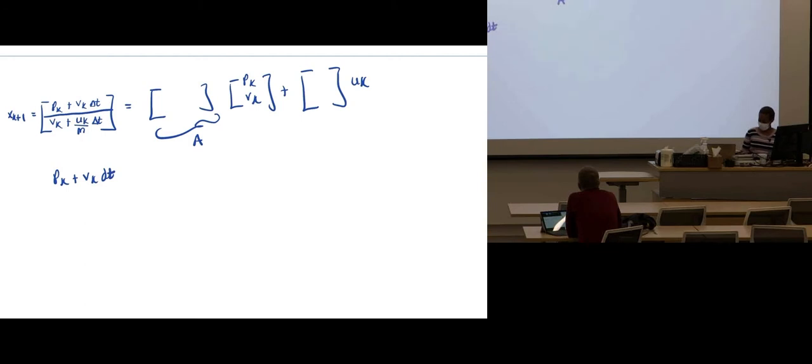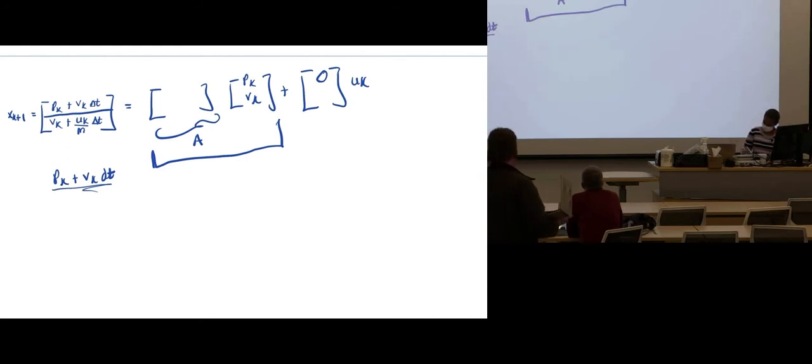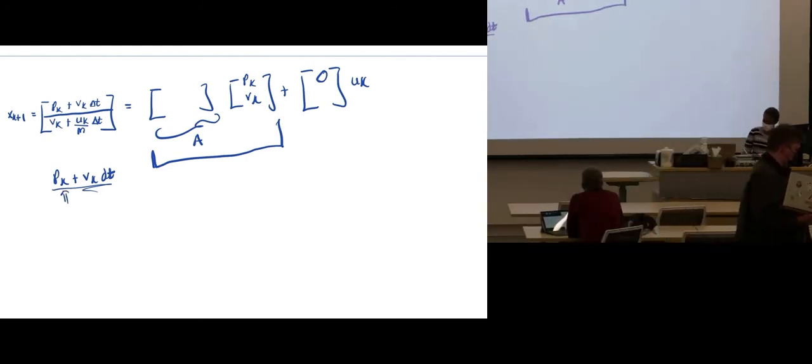Okay? So matrix multiplication. We just have to focus on this part right now because the first part of the equation doesn't have anything to do with uk, right? So put a 0 there. We don't need uk.